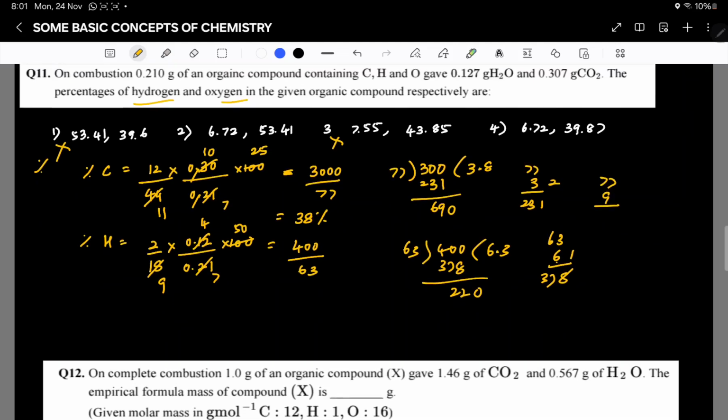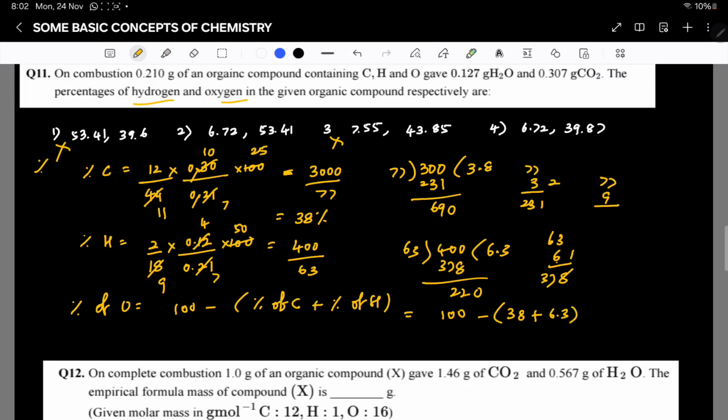So now here, based on the percentage of oxygen, that is equal to 100 minus the percentage of carbon plus the percentage of hydrogen. Just mathematical calculation only, student. So that is equal to 100 minus, I will take percentage of carbon as 38 and this will be 6.3.